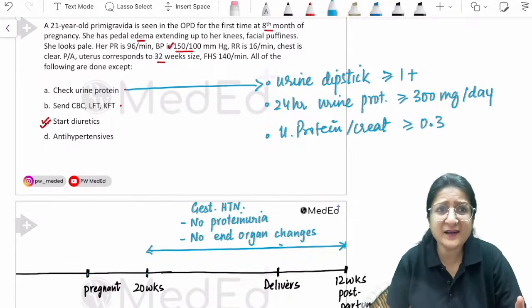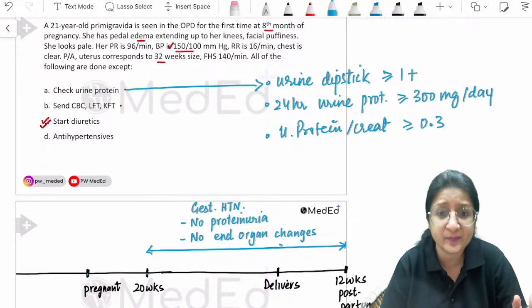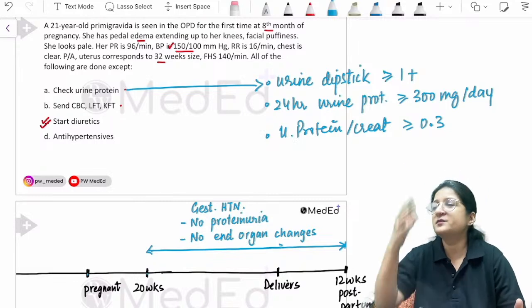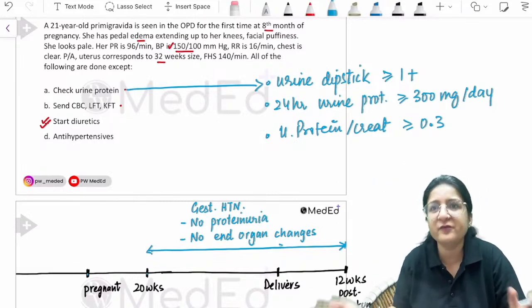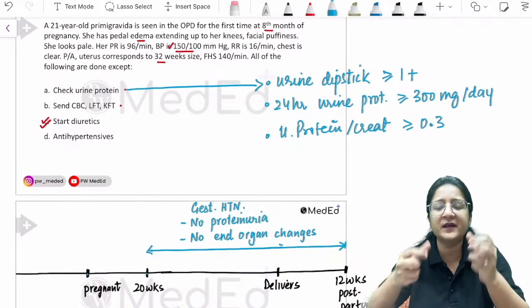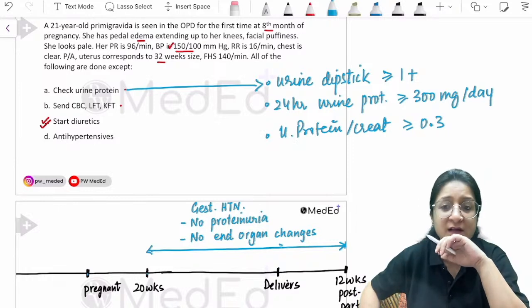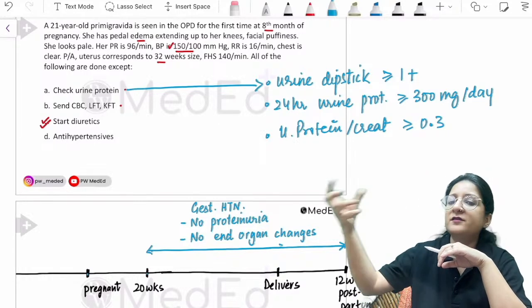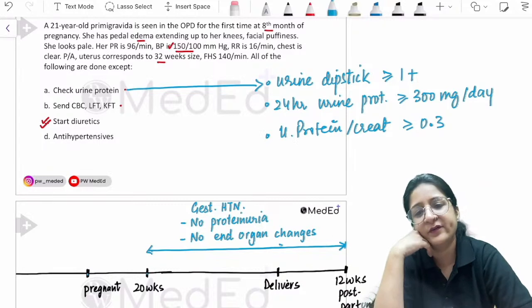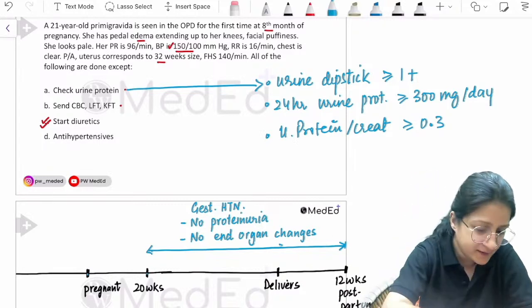So whenever I have this edema in pregnancy also, I will definitely look at the BP. In a pregnant woman, you don't only look at edema. When a pregnant woman comes for an antenatal checkup, you also check her BP at each visit. So you won't have a situation where you'll have a woman with pedal edema and you will not check her BP, isn't it?